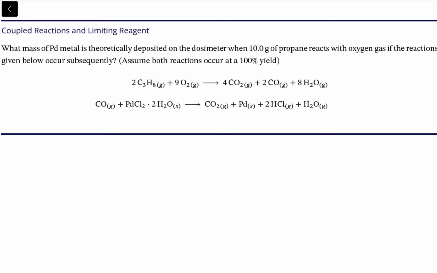We need to identify that there's carbon monoxide. Carbon monoxide is formed by the combustion of propane, and that is then caught by the palladium catalyst here. The only place that carbon monoxide can come from is the propane.